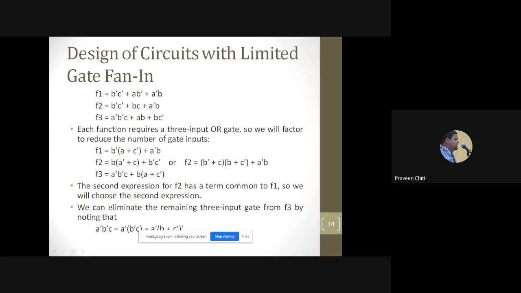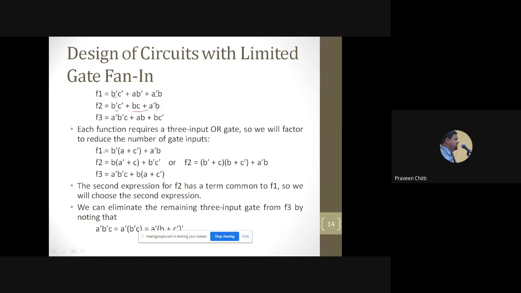You can see here 1, 2, 3. Here also we have 1, 2, 3, 1, 2, 3. So we need a 3 input OR gate, right? And when you want a 3 input OR gate, accordingly you may need a 3 input NAND or NOR gate also. So it is not possible to implement these functions F1, F2 or F3 as they are.